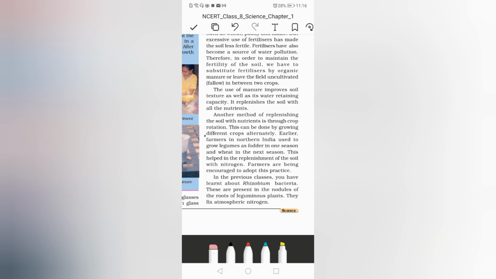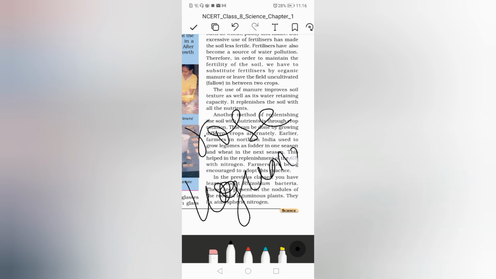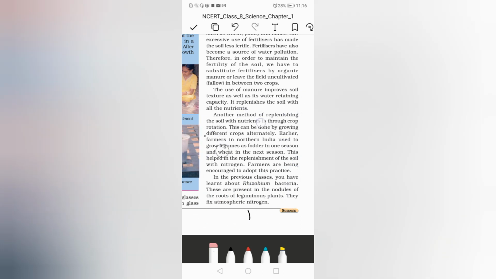Okay, another method of replenishing the soil with nutrients is through crop rotation. This is the rose and leguminous example I gave you. That's an example of crop rotation.